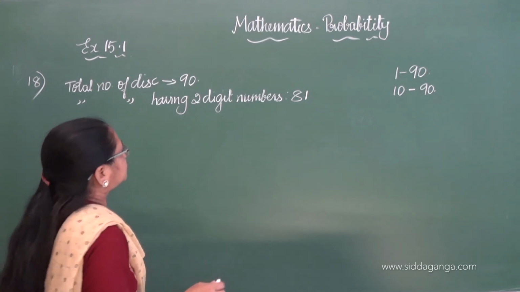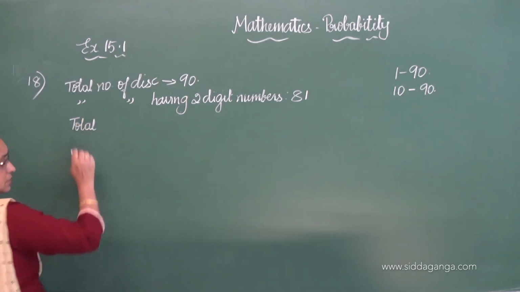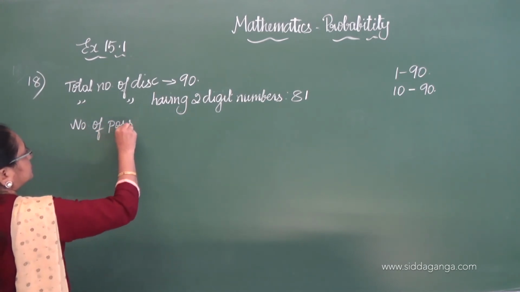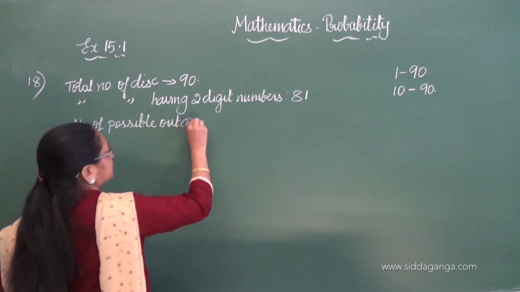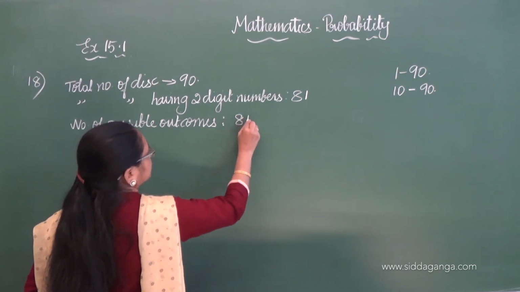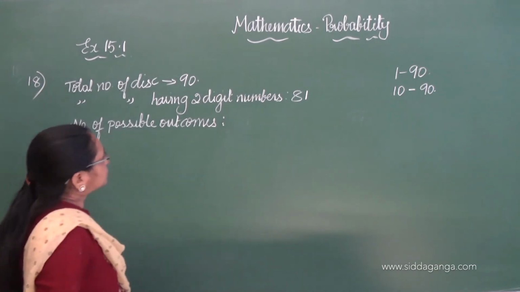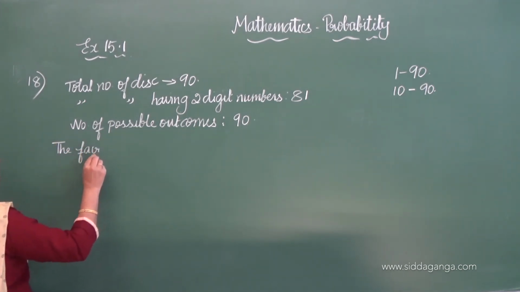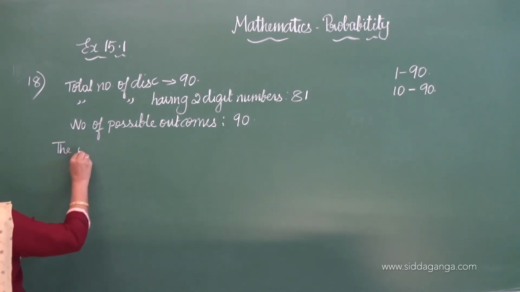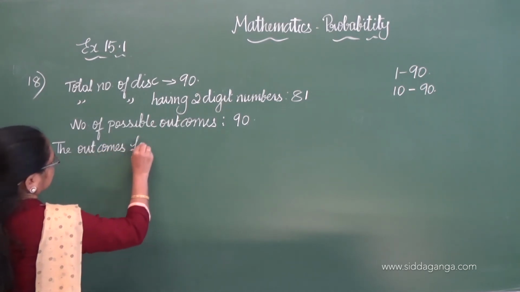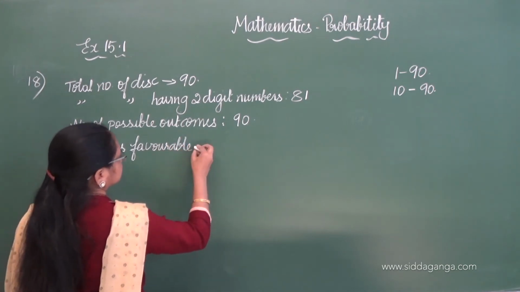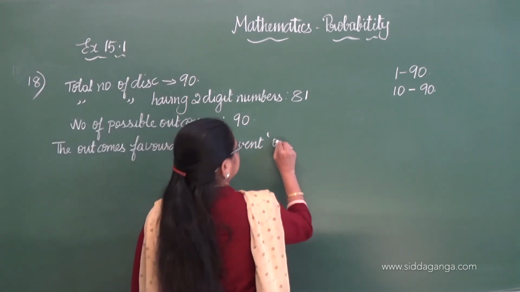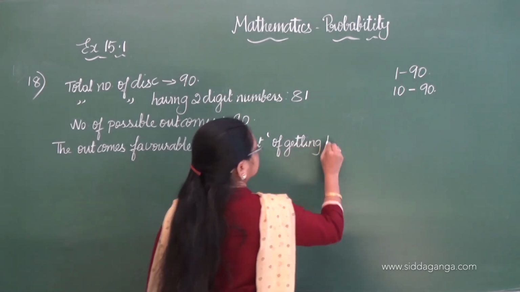Now, the total number of possible outcomes is 90.